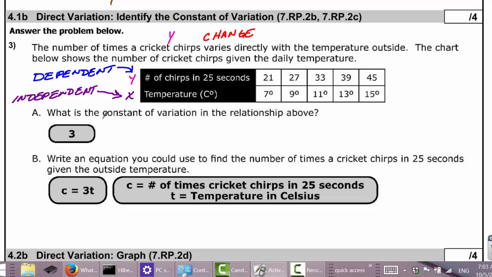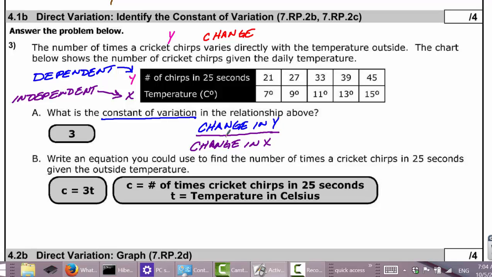Like a lot of things in math, constant of variation has a specific definition. It is the change in the y value, the dependent value, divided by the change in the x value, or the independent value.